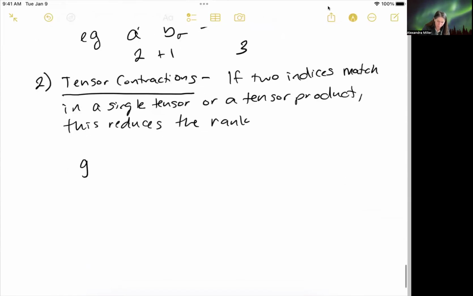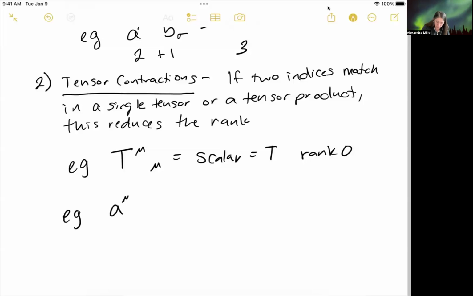So for example, I could have a tensor T where my two indices, I've chosen for them to be the same. So this actually is just a scalar. We could just write it as T without any indices because all of our indices have been contracted. So this would be rank 0.